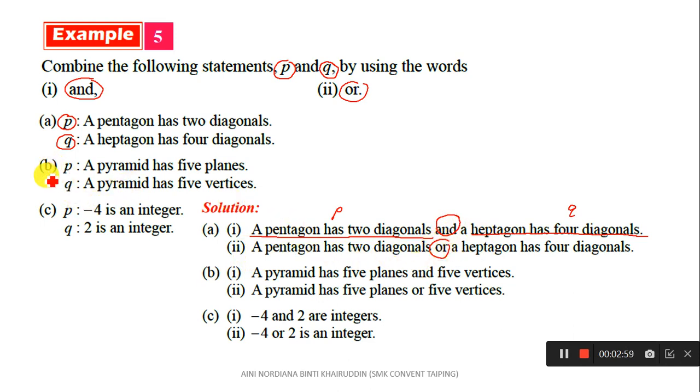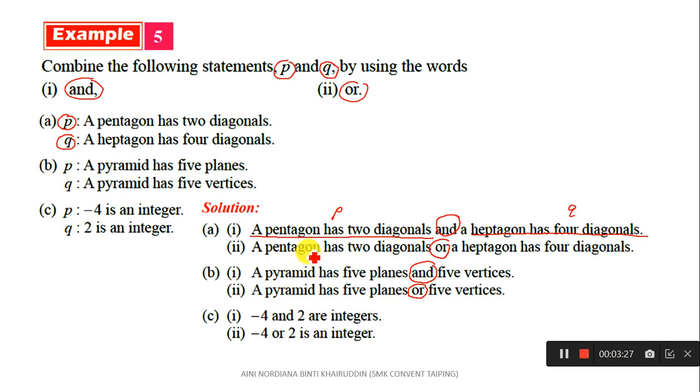For B, the first statement P: a pyramid has 5 planes, and the second statement Q: a pyramid has 5 vertices. We want to combine these two. First, you add the word "and"; the second one, add the word "or".